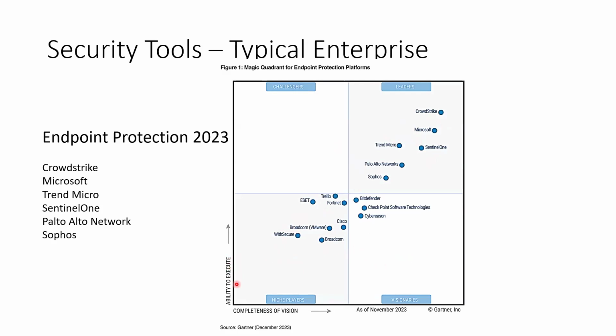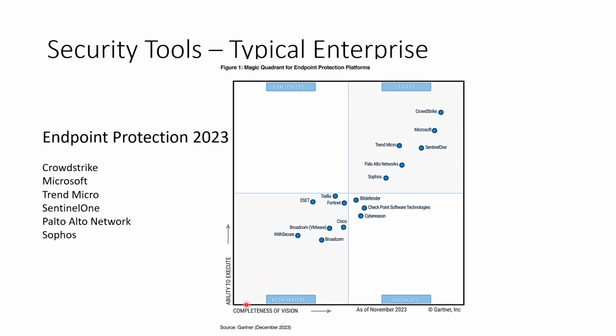If we see the y-axis, it represents the ability to execute or perform the detection of antiviruses and malware. And the x-axis tells us about the completeness of vision.